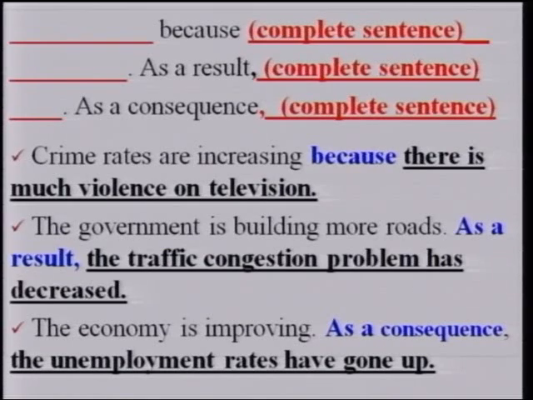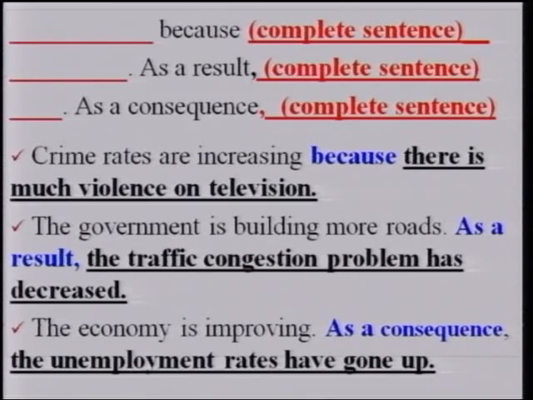The same applies to as a result, as a consequence, therefore, and so on. For instance, crime rates are increasing because there is much violence on television. The government is building more roads. As a result, traffic congestion has increased.